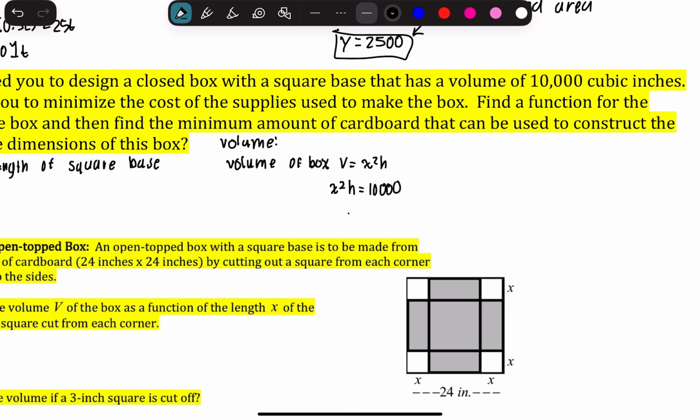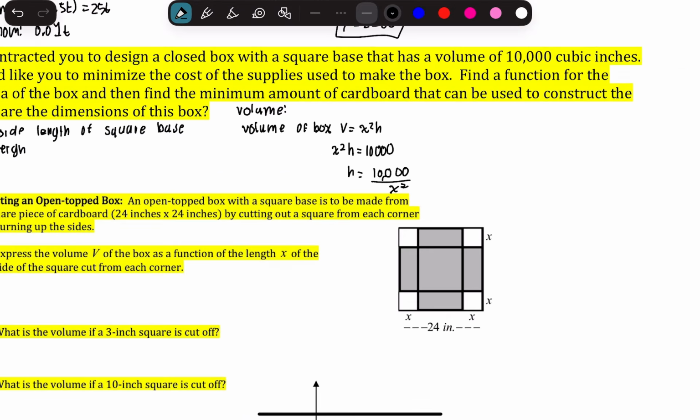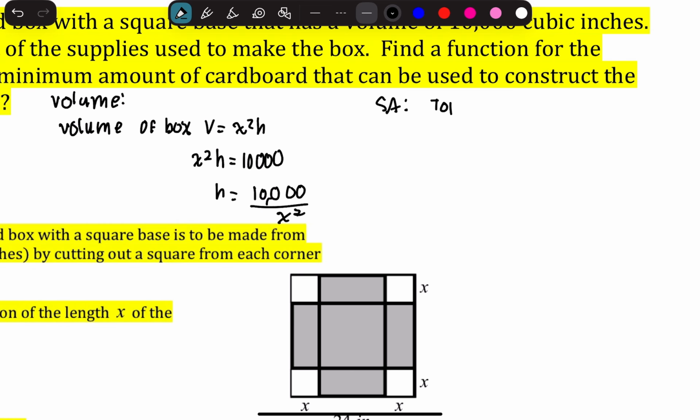And now we solve for h. h is going to equal 10,000 over x squared. And now we want to write out the surface area. We know the top is x squared, and the bottom is x squared, and the four sides will be 4 times x times h. So s is going to equal 2x squared plus 4x times h.